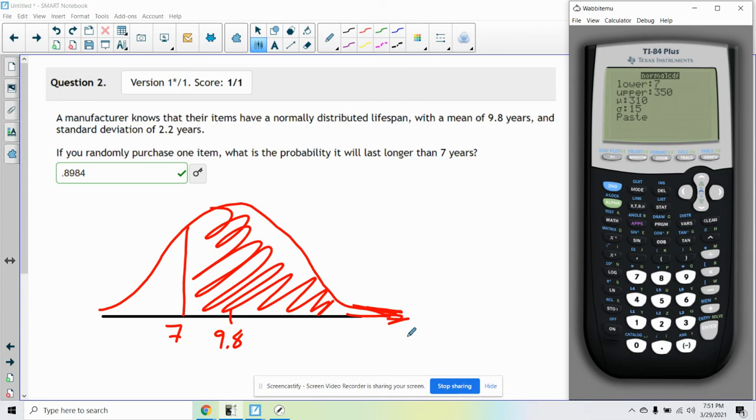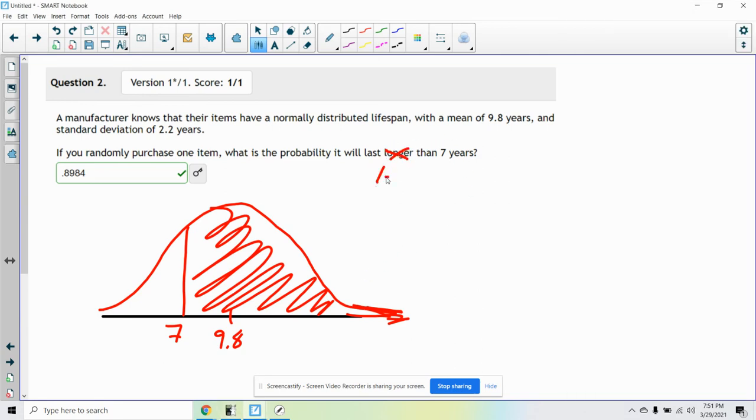So when it says upper bound and there is no real upper bound, just put a really large number in there. I don't know, 100,000 should be plenty fine. My mu is 9.8. And my sigma is 2.2. And you'll see we get the same thing. You got 0.8984.